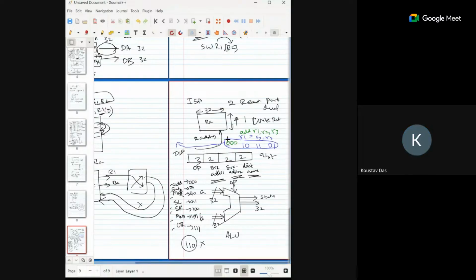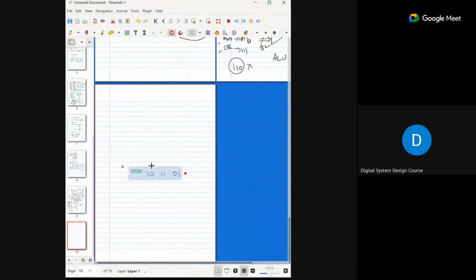Is it 28? Yeah, one second. I'm just copy pasting here, and now I can read. How do I write it in hexadecimal?